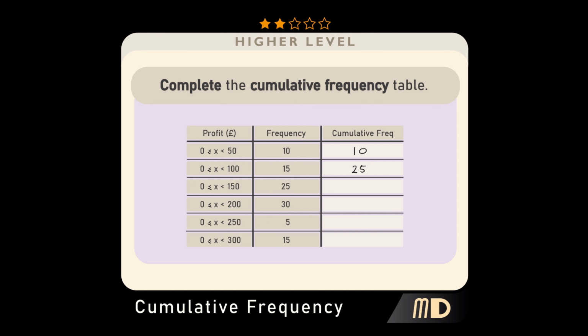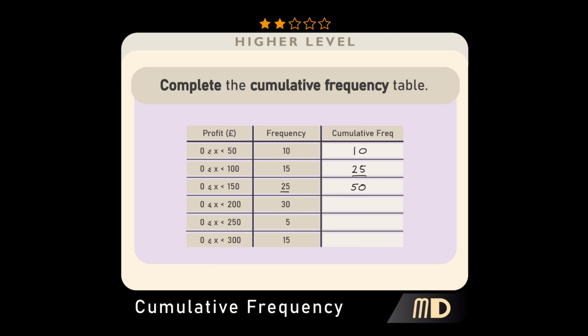The third group has the frequency 25. With every new row, it's mathematically prudent to find the cumulative frequency by adding the value on the previous row to the new frequency. So, 25 plus 25 is 50.